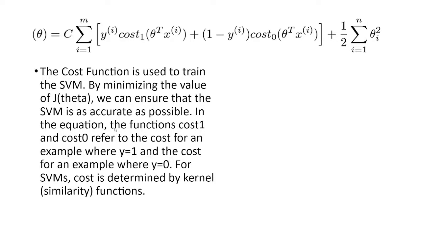Cost 1 refers to the cost for an example where y is equal to 1, and cost 0 for the example where y is equal to 0. For the SVM, the cost is determined by the kernel similarity function. I did not memorize this equation, I simply set the theta value, and then it works using this function.